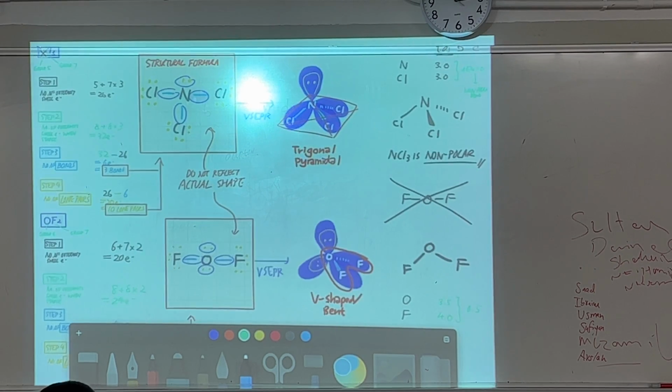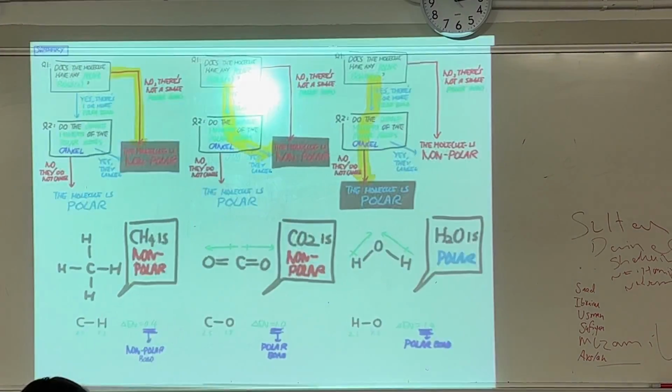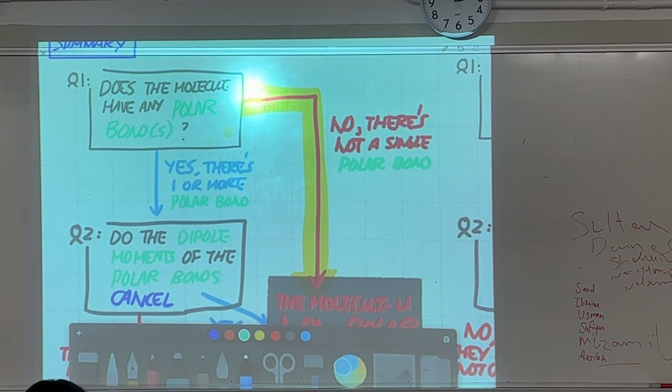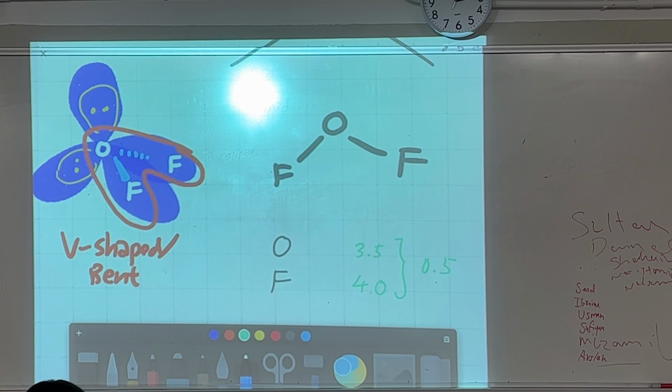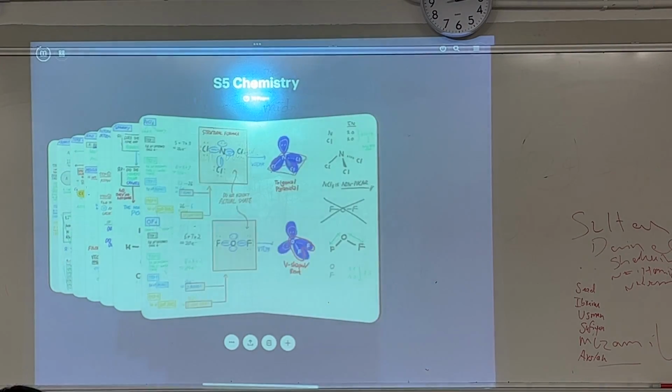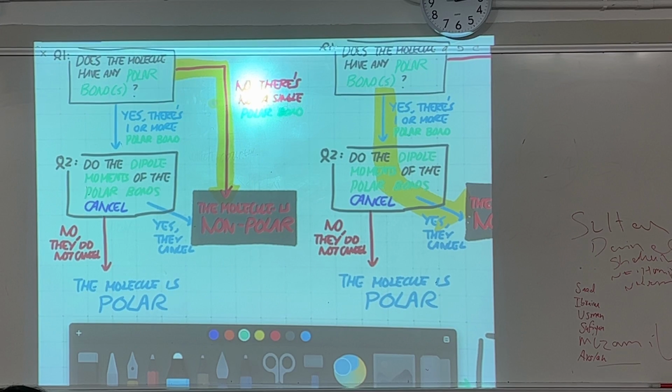So we say it has polar bonds. What will you answer for the first question? Yes, there is one or more polar bonds. Now you ask yourself, how do you point the dipole? O to F or F to O? O to F. Do they cancel? No. So if you answer yes, they are polar bonds for the first question, and then you answer no, they do not cancel. What's your conclusion?